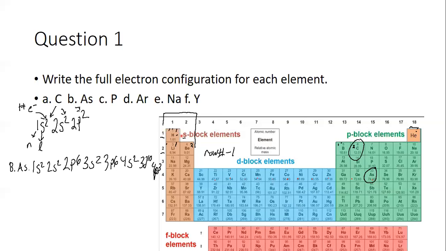I'll give people 2 more minutes or so to try and get all 3 or 4 of these finished, especially Y, as that goes into the d block. So I really want you to practice these skills.